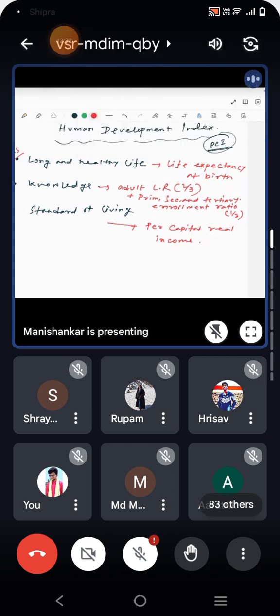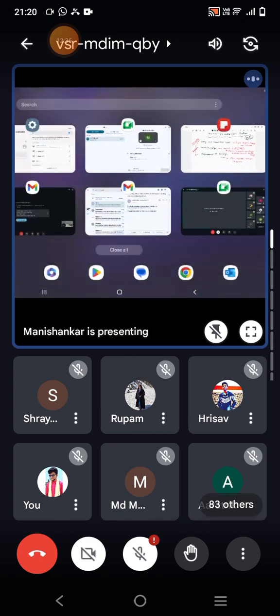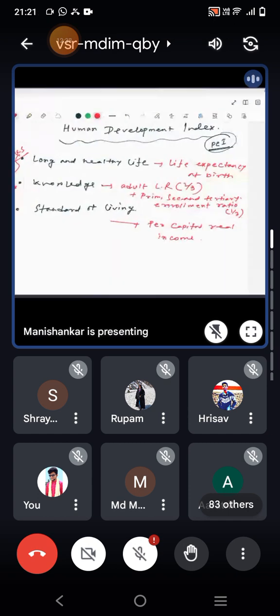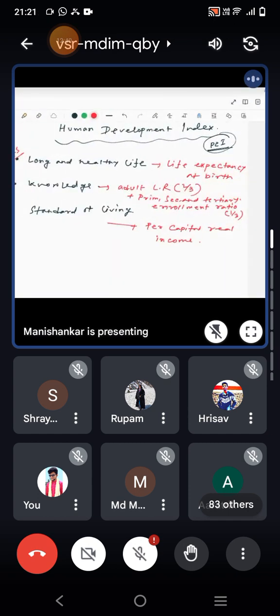Under the old model, that is the old method, there are some characteristics. Now you have to identify which one is not included in the HDI.